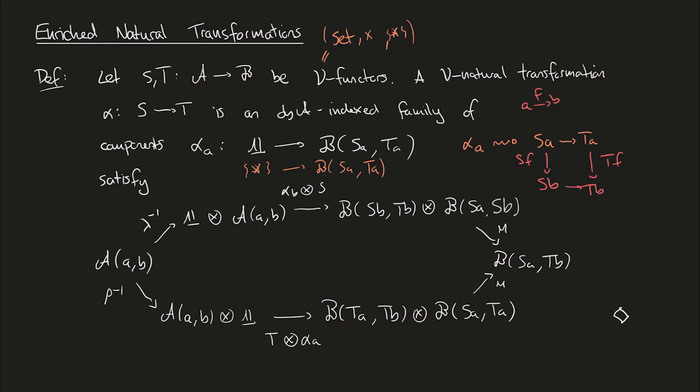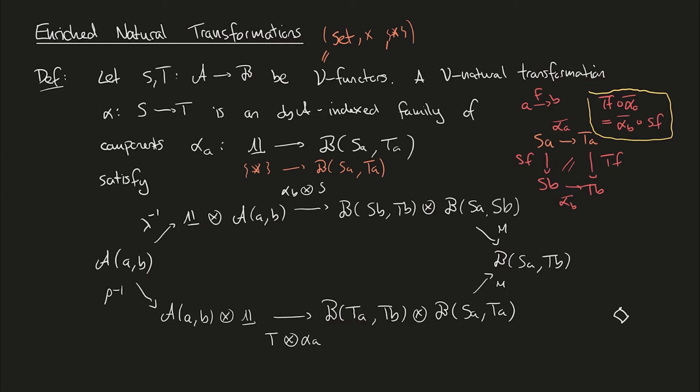And then we have on the top the component alpha at A, on the bottom the component alpha at B. I'm going to put bars above these because these are actually the image of the single object in the singleton set under a component alpha A. In any case, we want this square to commute, which in equation form is saying that Tf after alpha A is equal to alpha B after Sf. So this is the usual condition for a natural transformation for normal categories.